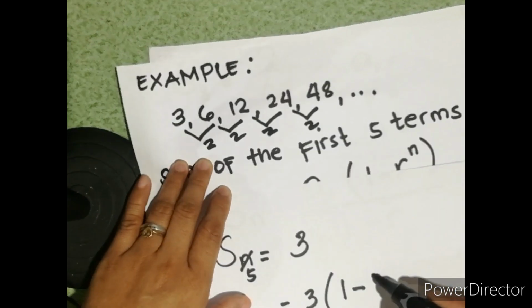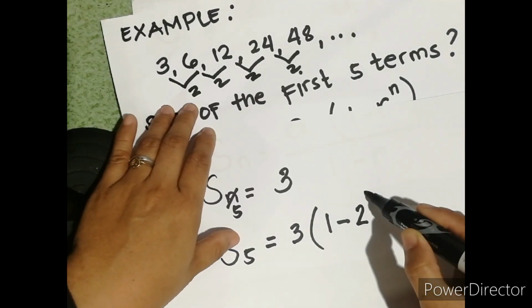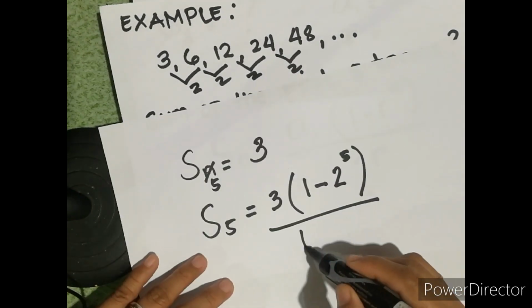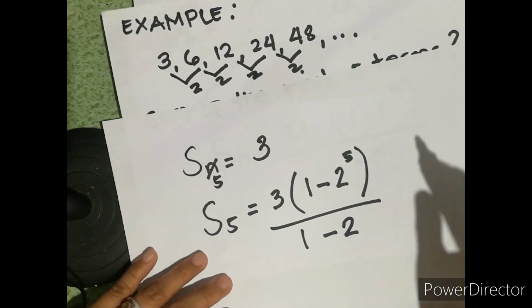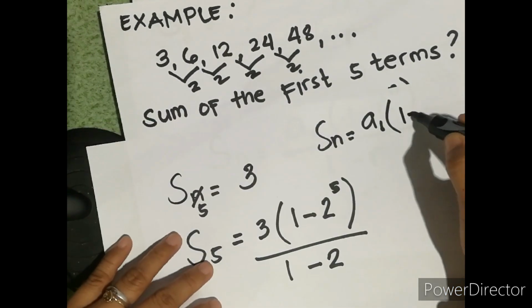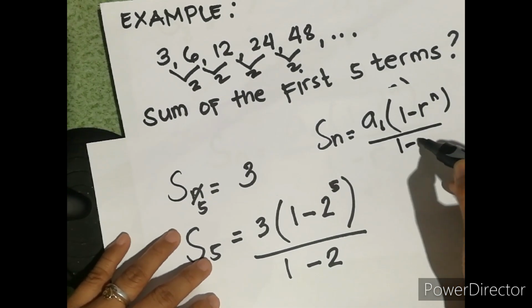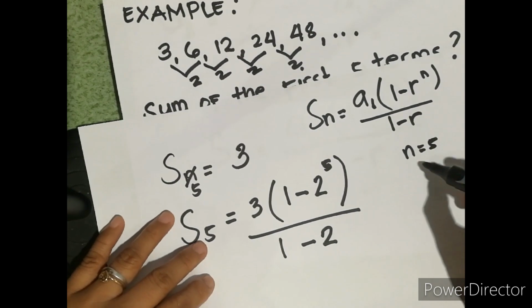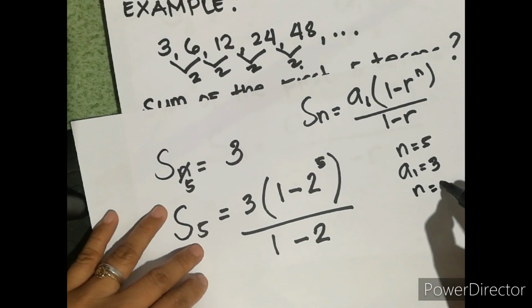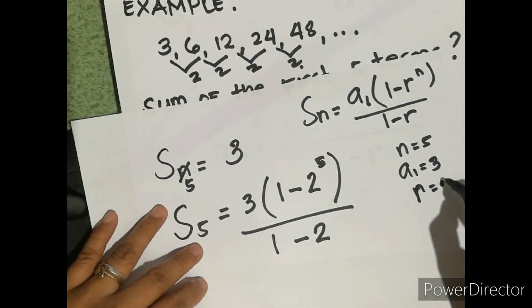So we use r, which is 2, raised to the 5 terms, and then over 1 minus 2. So Sn is equal to a sub 1 times 1 minus r raised to n all over 1 minus r. Your n is 5 terms, your a sub 1 is 3, and your r is 2.